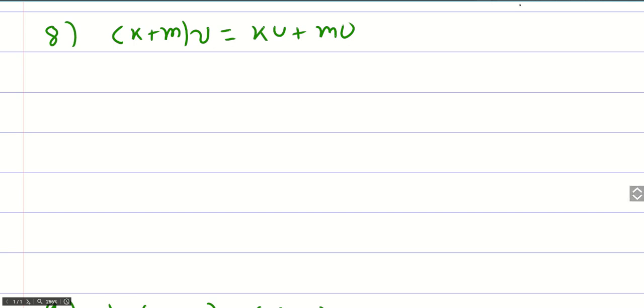The next is the distributivity property of a vector over the scalars.